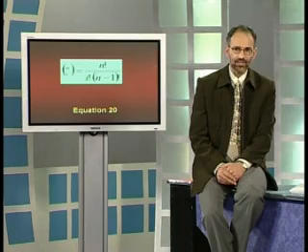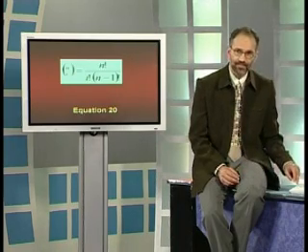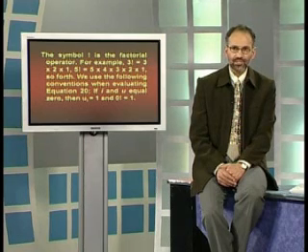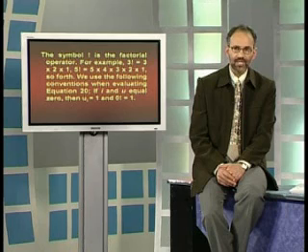Let it be marked as equation number 20. The exclamation sign is the factorial operator. For example, 3 factorial is equal to 3 times 2 times 1, 5 factorial is equal to 5 times 4 times 3 times 2 times 1, and so forth.